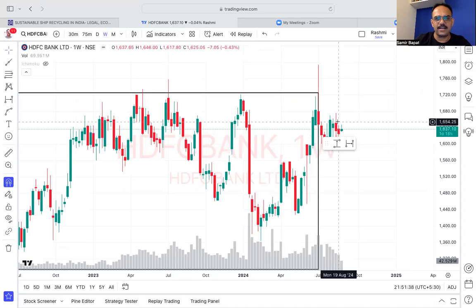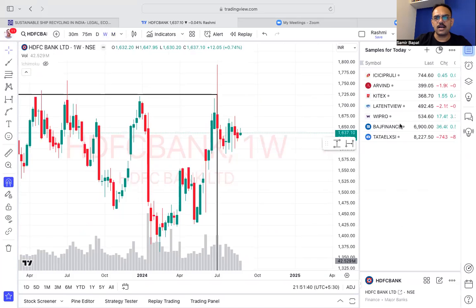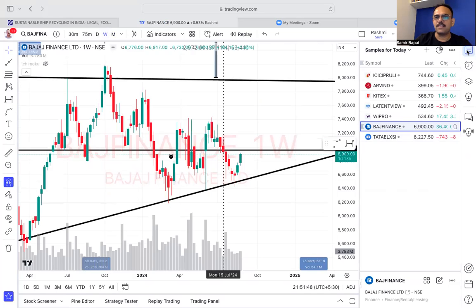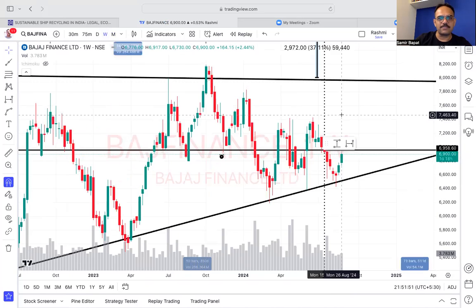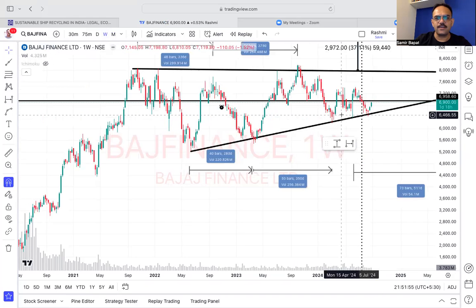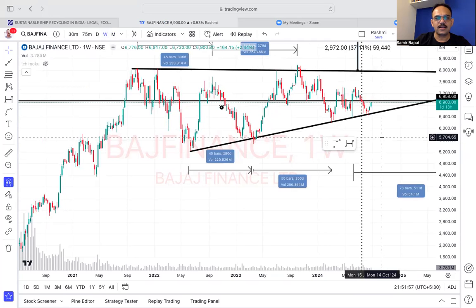So it's individual style. Now going forward, last Monday we learned about Bajaj Finserv. A similar pattern I found in Bajaj Finance. So this I am sharing with everyone who is attending the program today. What do you see here? Anyone?